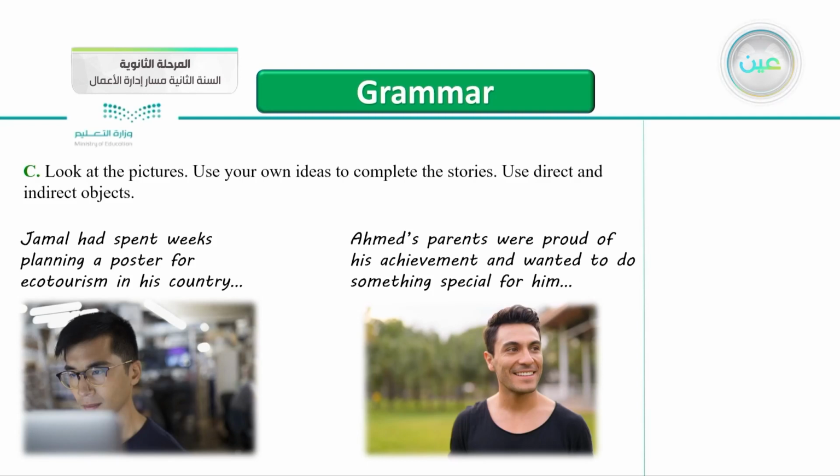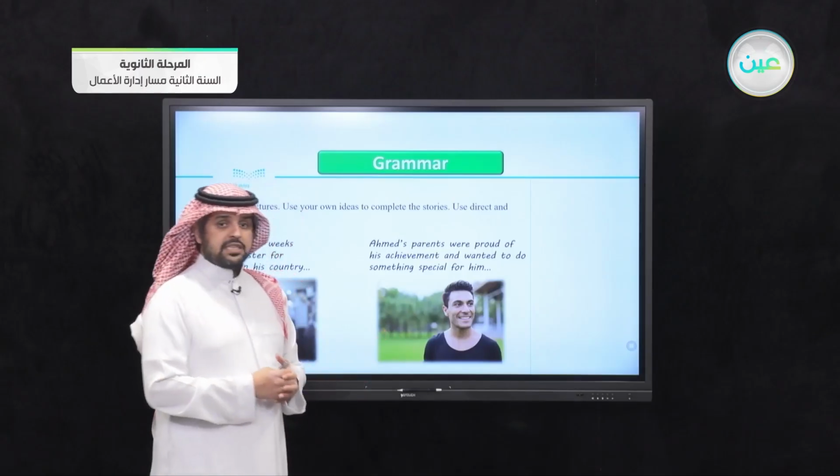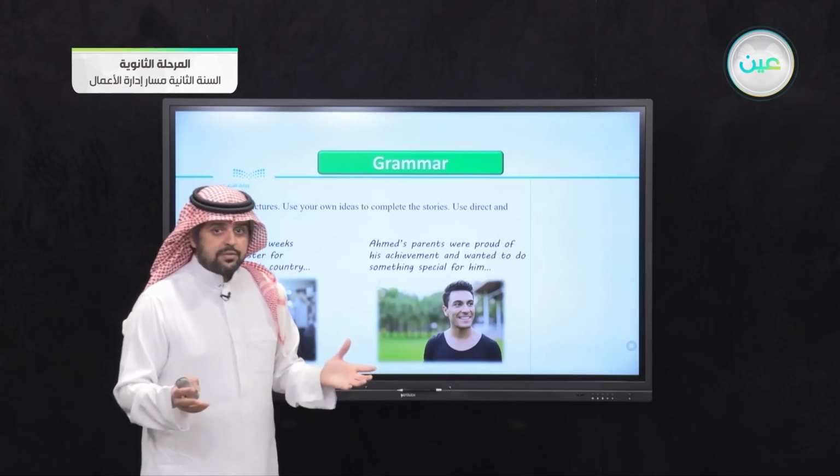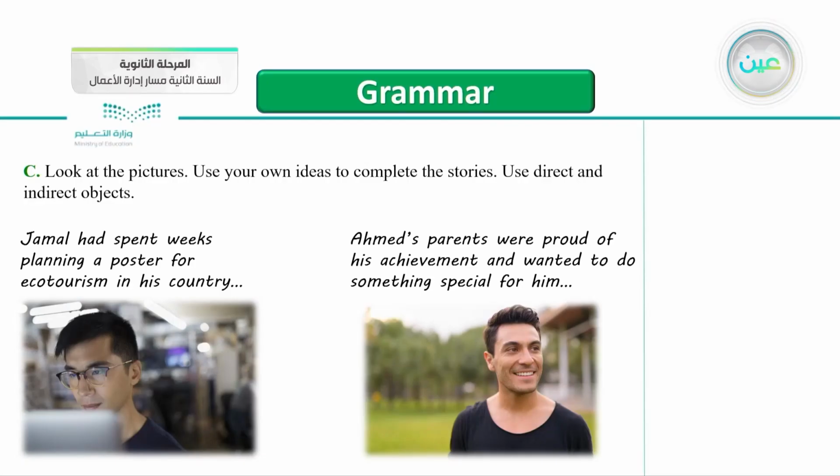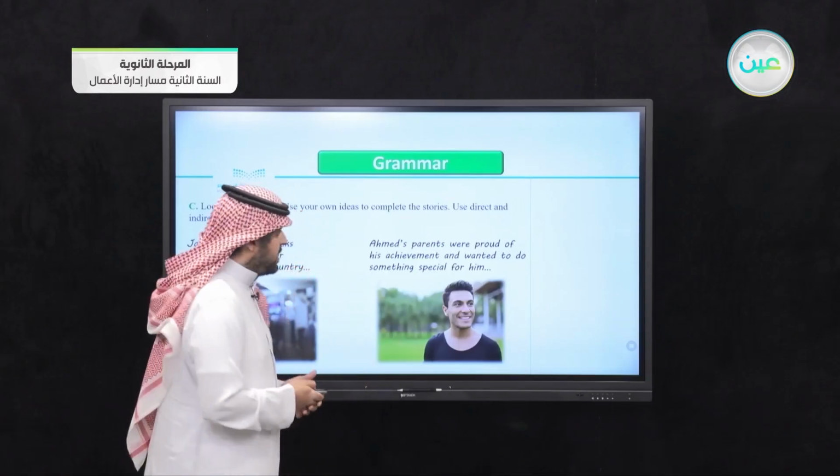On the other picture here, Ahmed's parents were proud of him, of his achievement, and wanted to do something special for him. Maybe his achievement was that he graduated from high school, from university. So try to make up a story about Ahmed, and remember to use direct and indirect objects.